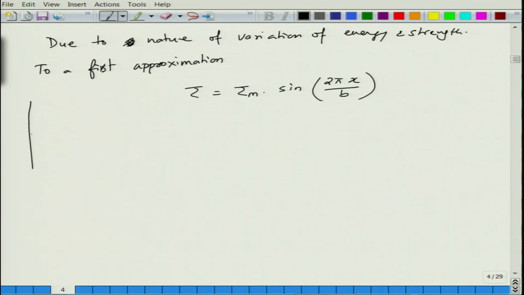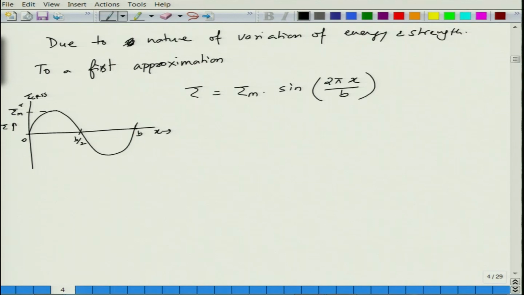So, essentially this is the sinusoidally varying behavior. So, this is x, this is 0, this is b, this is b by 2 and this is the maximum value, which is tau m, or you can say tau CRSS. Okay.